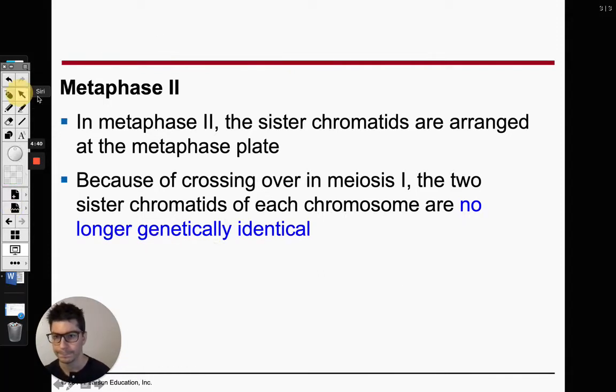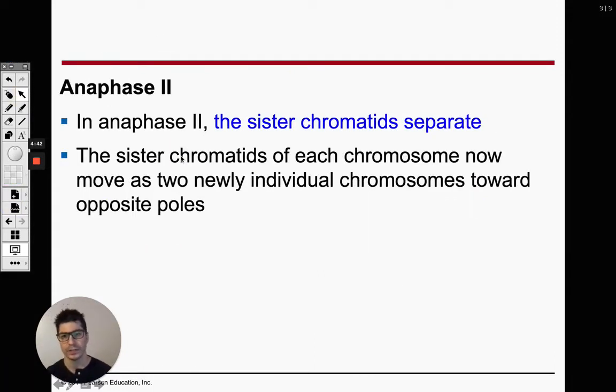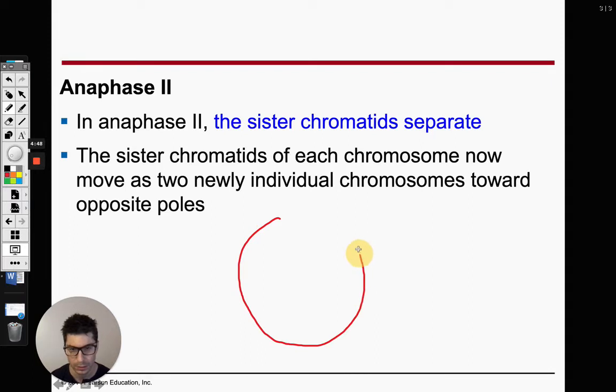Okay. So moving on to anaphase number 2, we are going to pull all of those chromosomes apart. Just make a few different ones here. So we had them like this, and that was our metaphase.